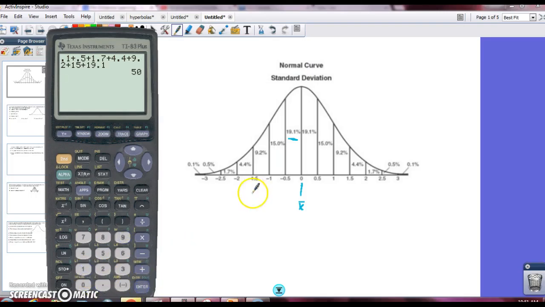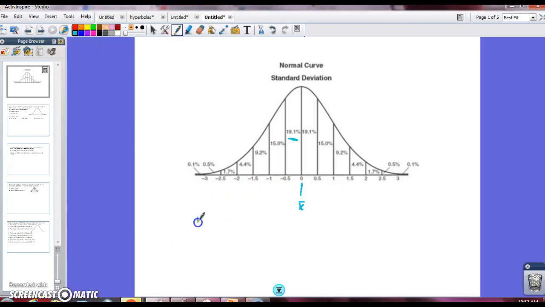And if you add all those up, that adds up to 50. So 50% of your data is below the mean, 50% of your data is above the mean. So all of these percentages that you see here add up to 100%.